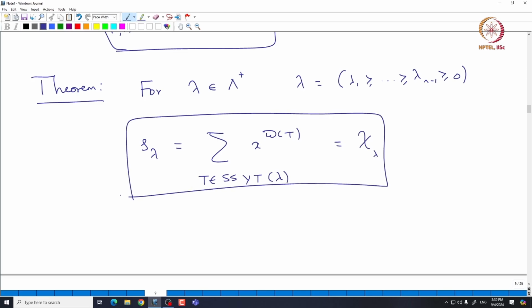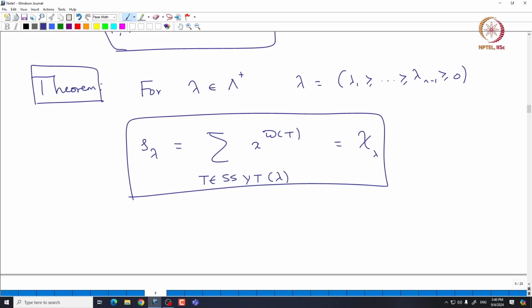So, this is indeed true. This gives a very explicit expression of chi lambda in terms of this combinatorial model called semi-standard Young tableaux. This is a very important theorem that expresses the character in terms of combinatorial data.